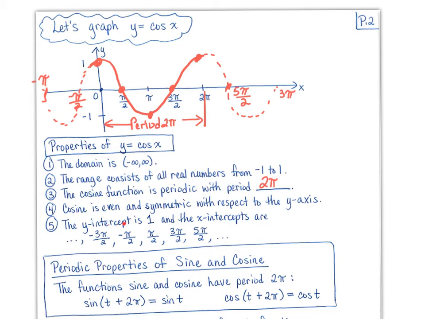Okay. The y-intercept is 1. This is where cosine crosses the y-axis. The x-intercepts are odd multiples of pi halves, so you have -3 pi over 2, negative pi over 2, pi halves, 3 pi over 2, etc. Okay? Those are your x-intercepts.